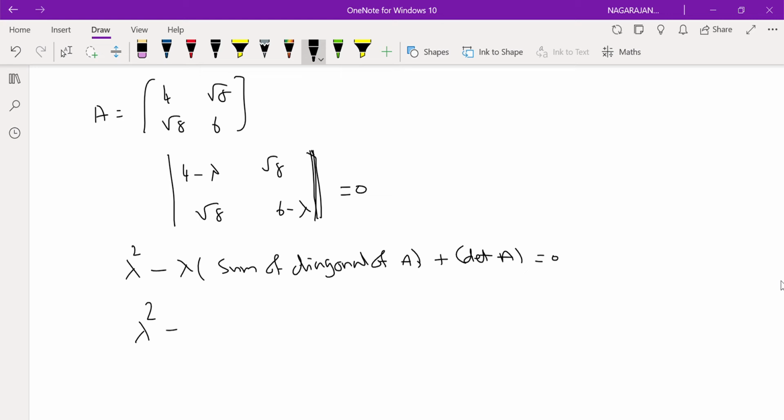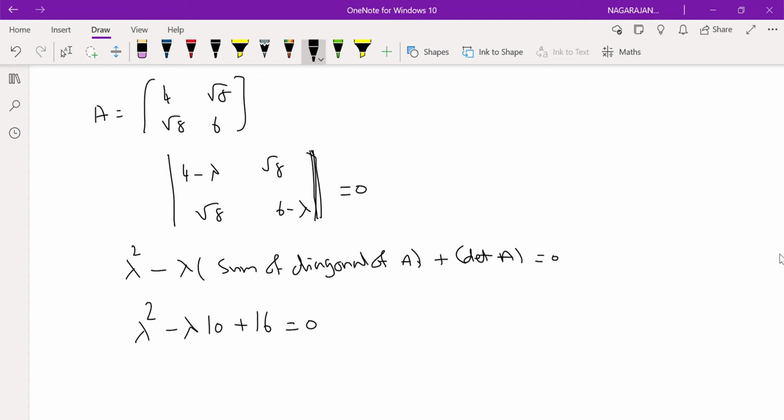So lambda squared minus lambda into 4 plus 6, that is 10, plus the determinant value, 24 minus 8, so 16, equal to 0.